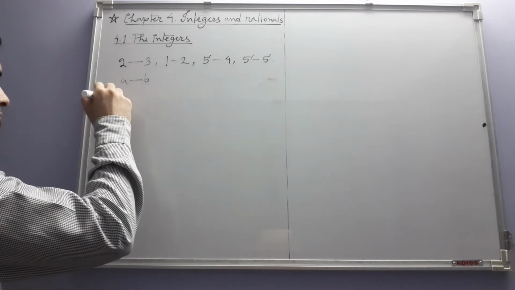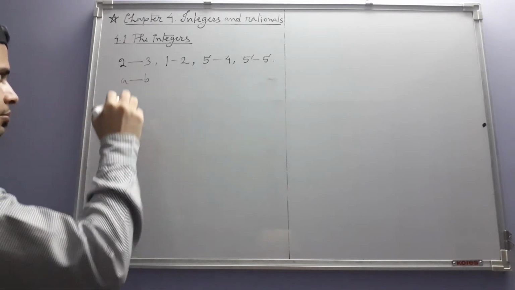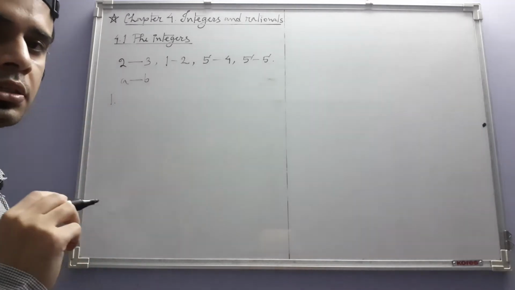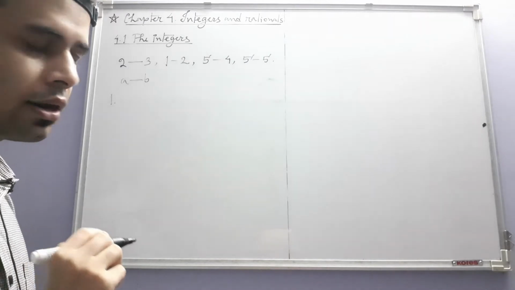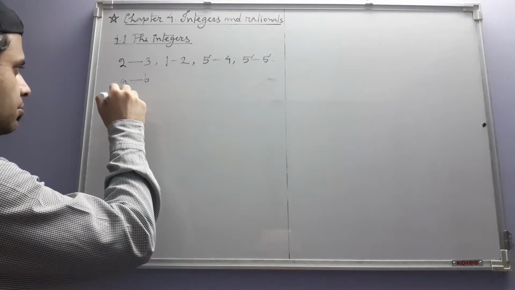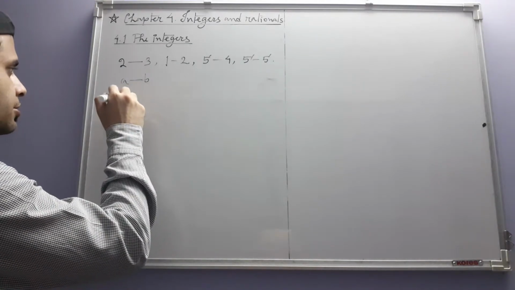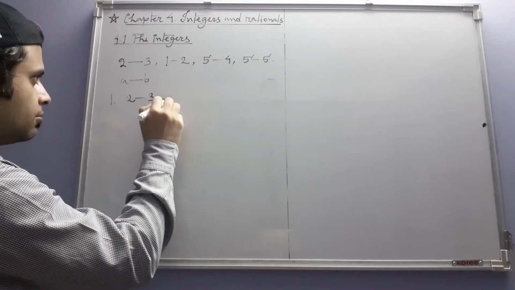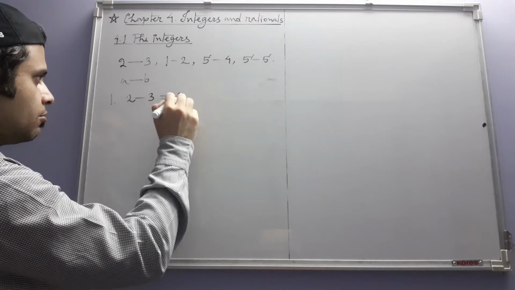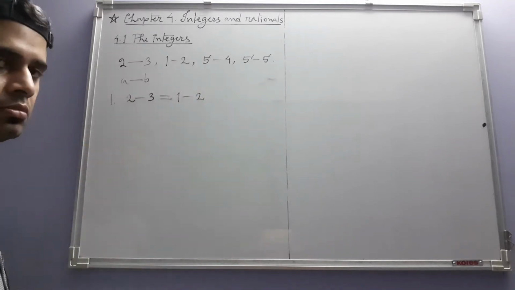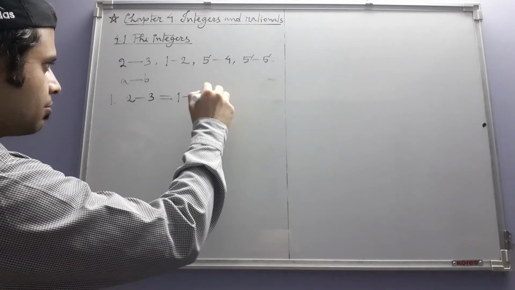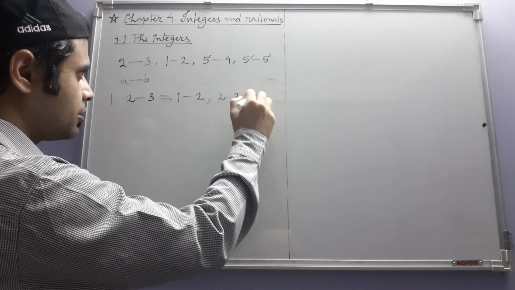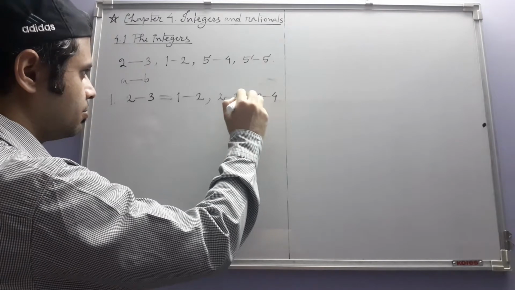The first problem is that this definition does not say when two such differences are equal. That is, for example, it does not say why 2 minus 3 is equal to 1 minus 2. Or for that matter, why 2 minus 3 is not equal to 2 minus 4.